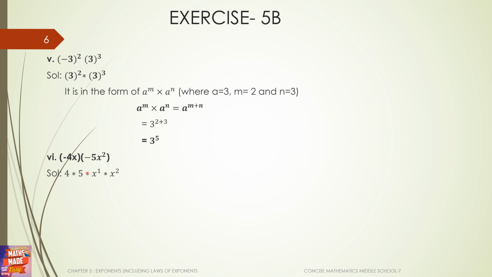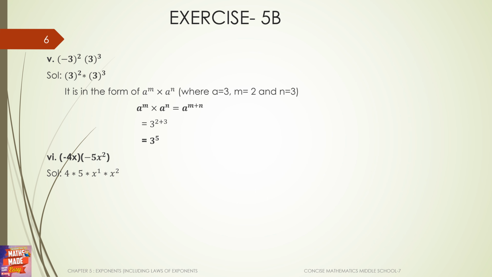So here I am going to just remove this 4 and 5 aside, these numbers aside, because then only you can apply the formula as base with x. And minus into minus becomes plus. So I am not even writing those. So it has changed here to plus, and x to the power of 1 into x to the power of 2.